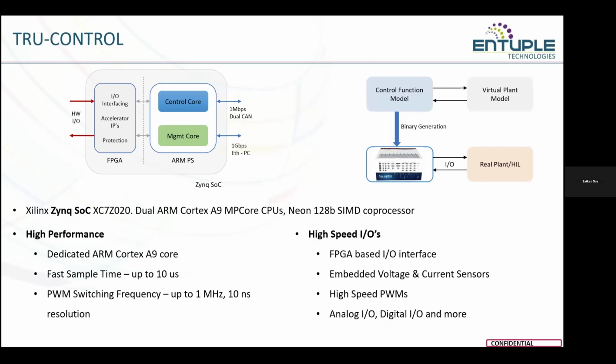One is used for management, and the other for control logic execution. We can execute the control logic with a sample time as fast as 10 microseconds, and PWM switching frequency generation up to 1 megahertz, with 10 nanosecond resolution.